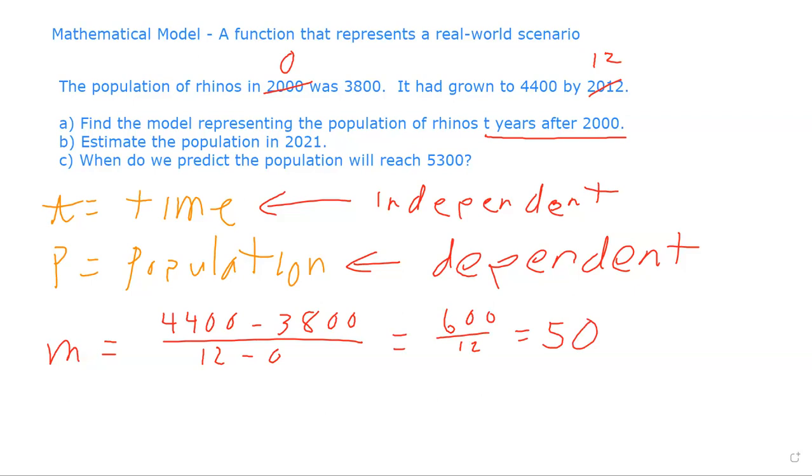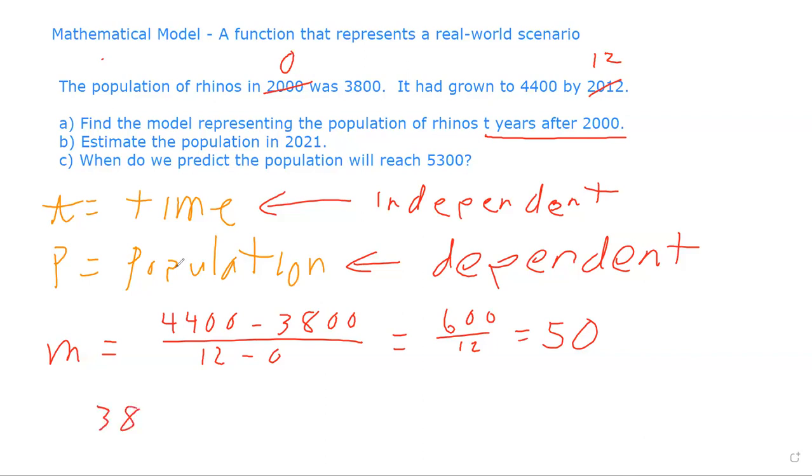So we need to come up with our equation. So for our population, it doesn't really matter which one we pick, although I would strongly recommend picking the 2000, because we're going to see in a second, it's going to be really easy and it's a nice number when we can use a 0.